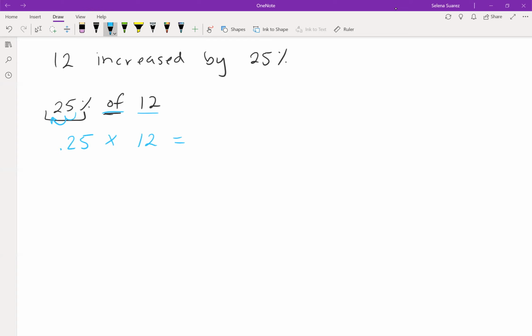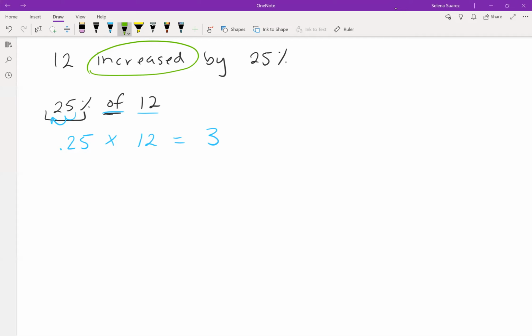Okay, so I'm going to grab my calculator. We're going to multiply this out. So 0.25 times 12, we get 3. Okay, so once we get our answer, the problem said 12 increased by 25%.